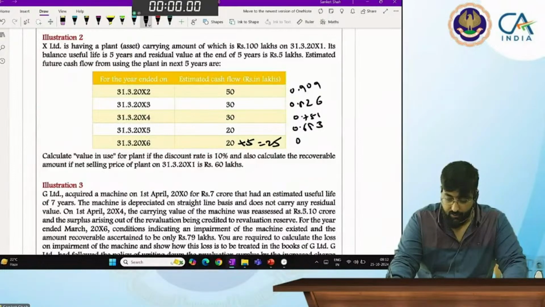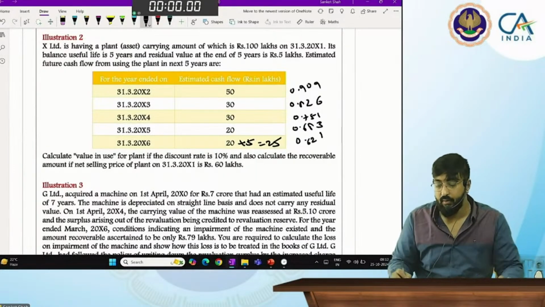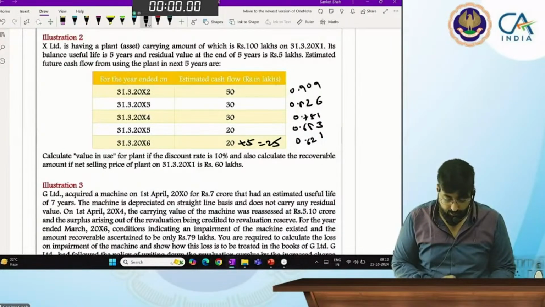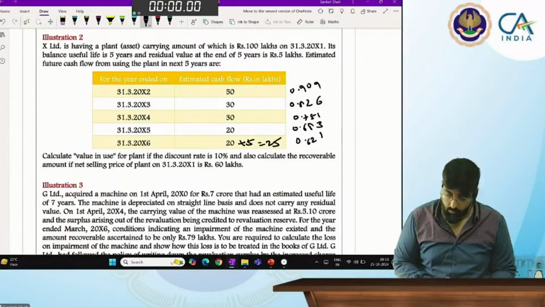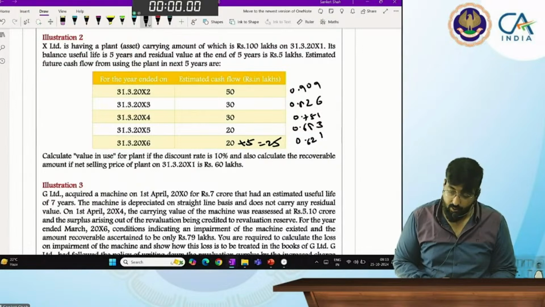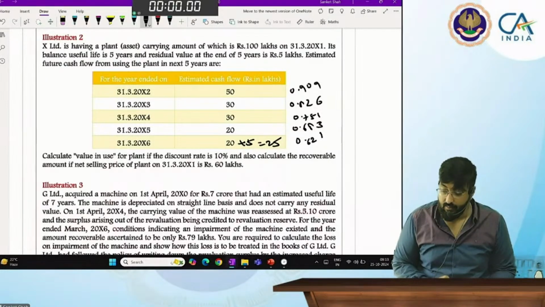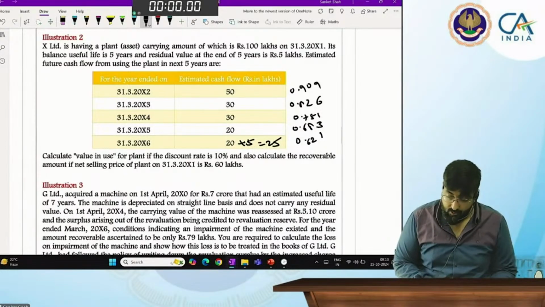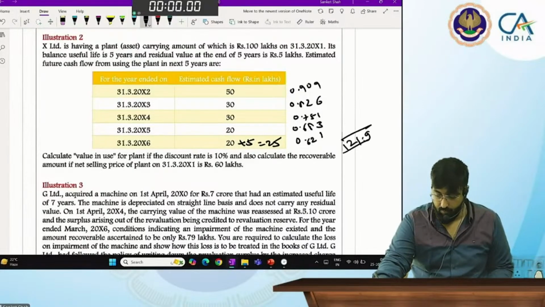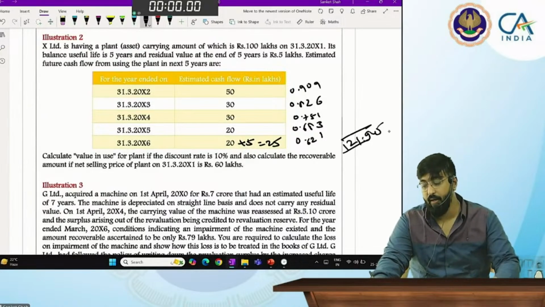And 0.621. मल्टीप्लाई कीजिए 50 into 0.909 memory plus, 30 into 0.826 memory plus, 30 into 0.751 memory plus, 20 into 0.683 memory plus, and 25 into 0.621 memory plus. Memory recall. 121.945.